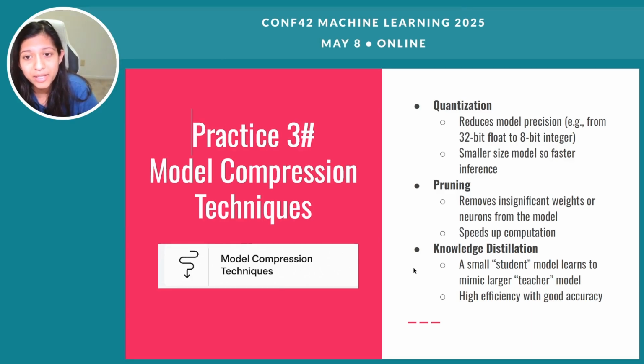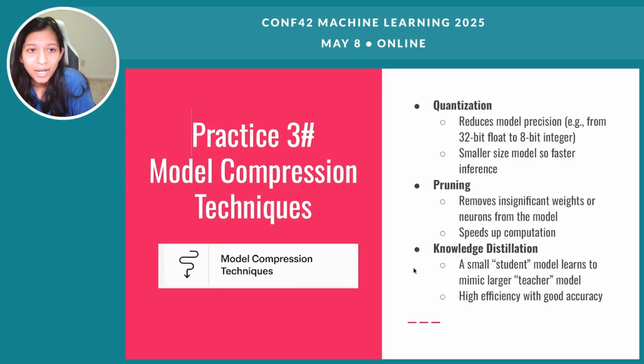So what you do is you remove the insignificant weights or the neurons from the model. This way it speeds up the computation as well as gives you inferencing results very quickly. And then the third one is knowledge distillation. So basically it's a concept of dialing down the model to a student model so that it does the basic operations correctly, and it learns from the teacher model, which is the larger model.